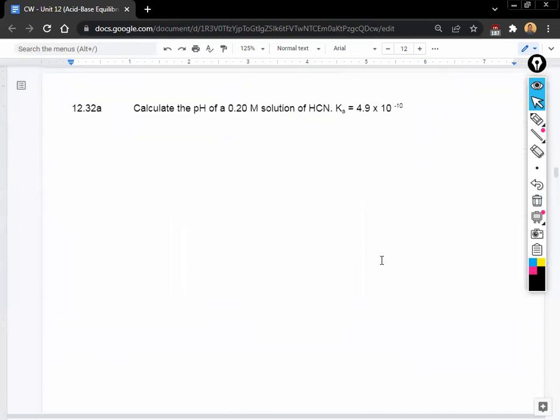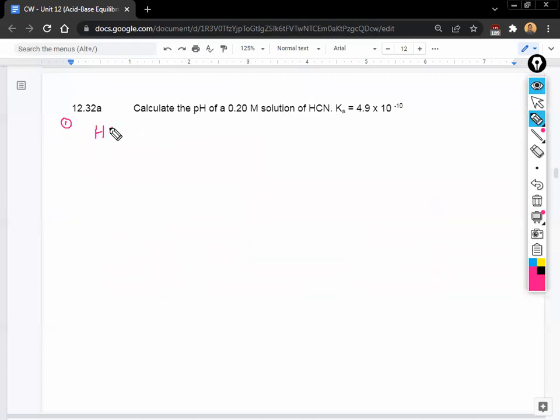Okay, so I'm gonna have you guys try this on your own. But before I let you go, let's do the first step together just so that we get started on the same page. So the first step is we want to write the equilibrium reaction. It says that we have a solution of 0.2 molarity HCN.